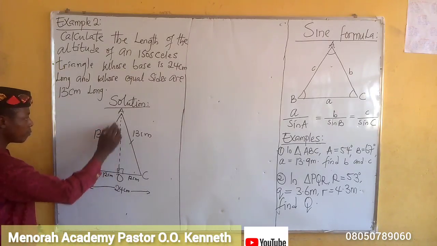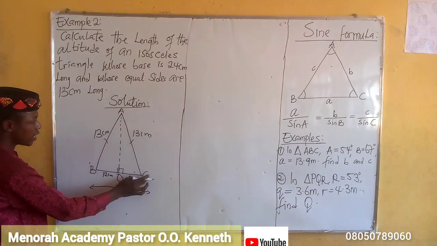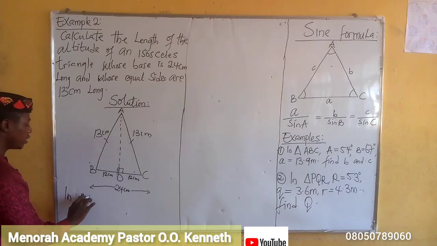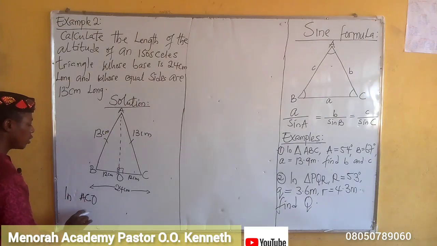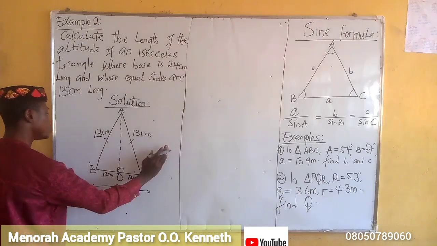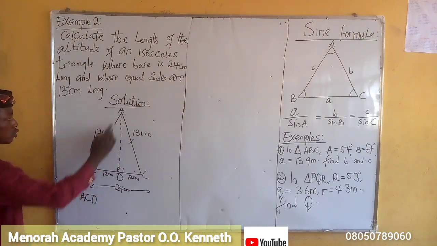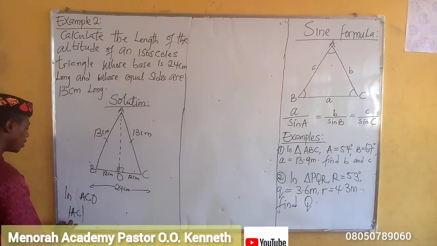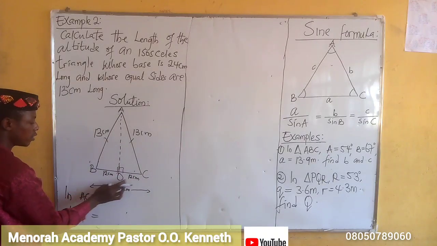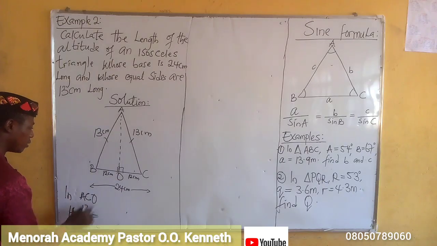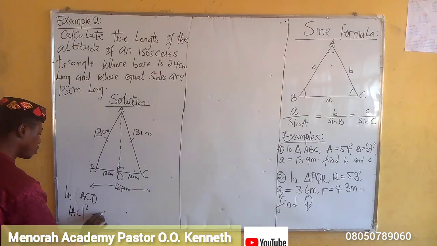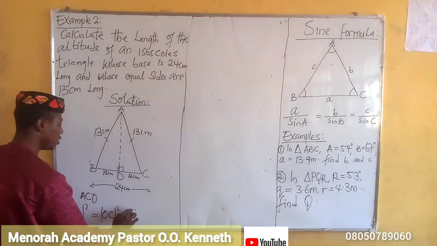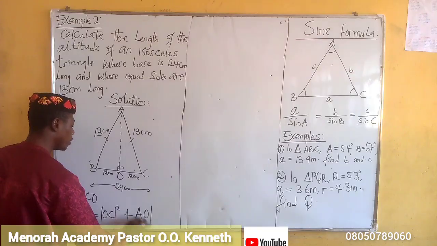Remember Pythagoras theorem says that the hypotenuse side, we can use any of these triangles. So let's use triangle ACO, this right angle triangle at the right hand side. Our hypotenuse side is AC, so line AC squared equals our adjacent side OC squared, plus our opposite side AO, which is what we are looking for.